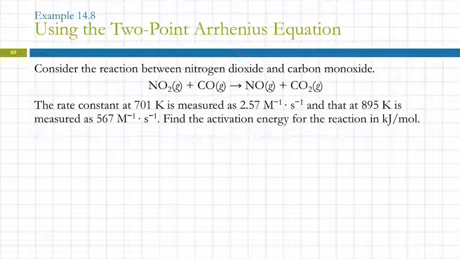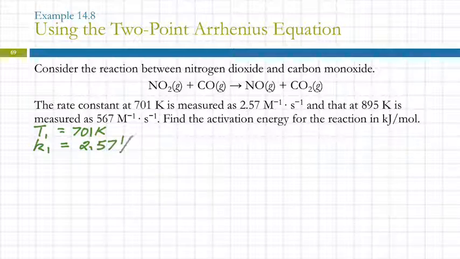So I'm going to call the 701 the first set. So T1 is 701 Kelvin, and K1 is 2.57. And then T2, it's important to label these because otherwise you can reverse them by accident and then you get the wrong answer.